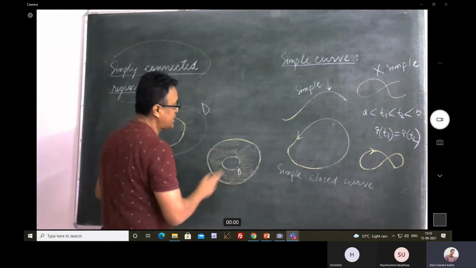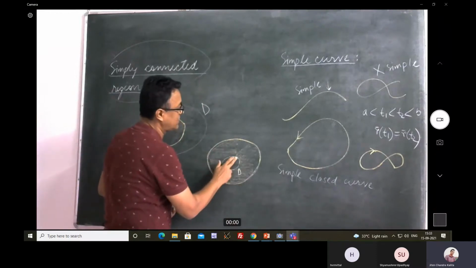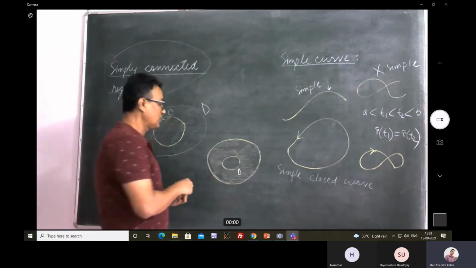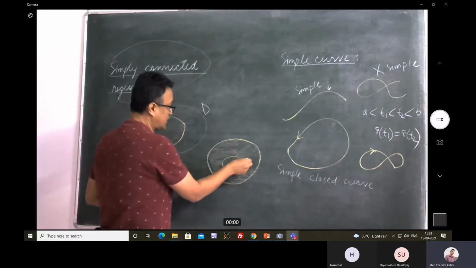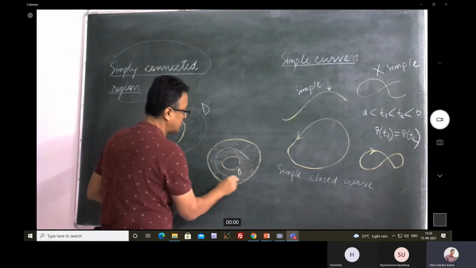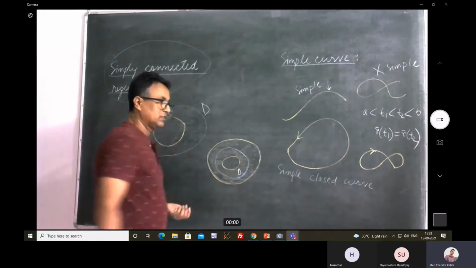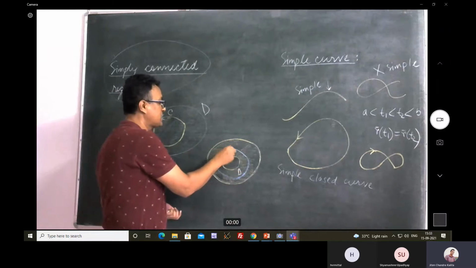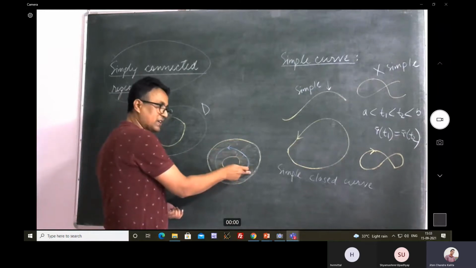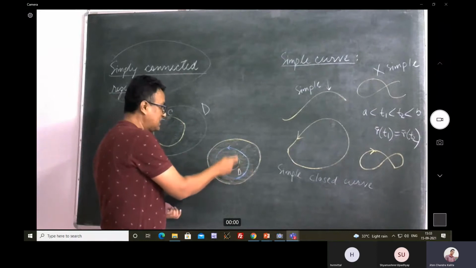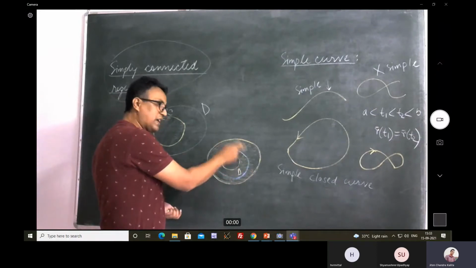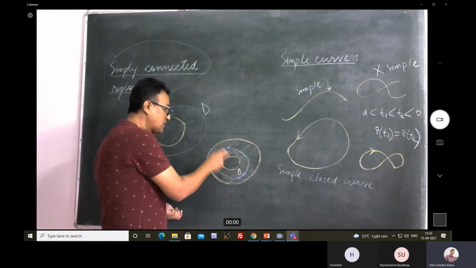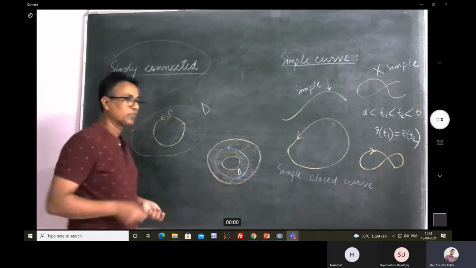Now, obviously, this part does not belong to D, right? Now, if I consider a simple closed curve here, see this blue curve, it belongs to D, right? But you can see that the blue curve is going to enclose points which do not belong to D. Is it okay?